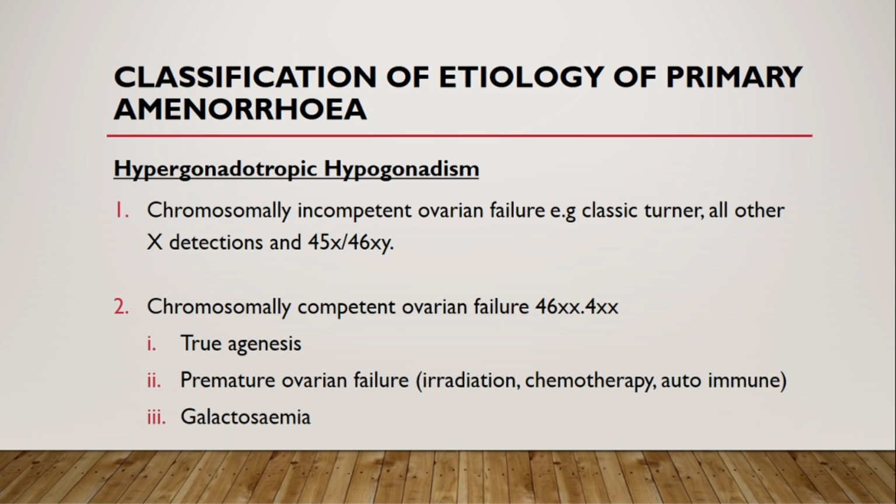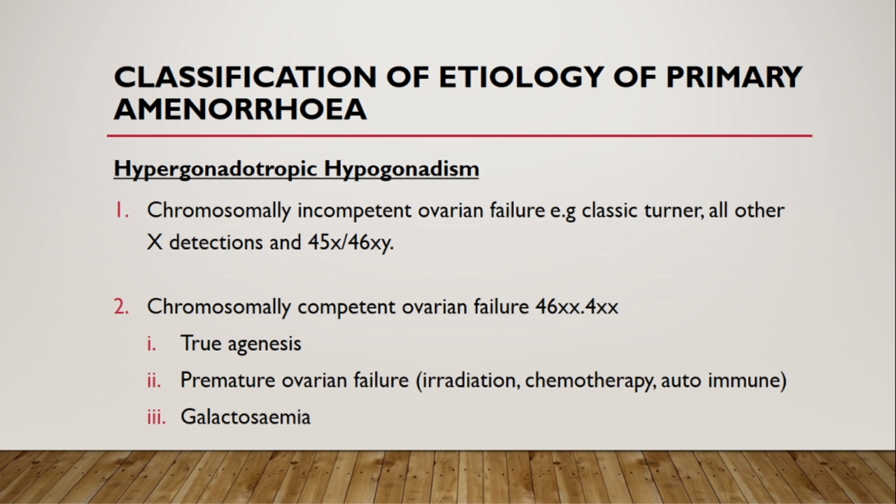Premature ovarian failure resulting from irradiation before puberty, or chemotherapy before puberty, or autoimmune response, like in patients that had Burkitt's lymphoma in early life. By the age of 3, 4, 5 years, you may have Burkitt's lymphoma or other lymphomas that have been subjected to irradiation or chemotherapy.